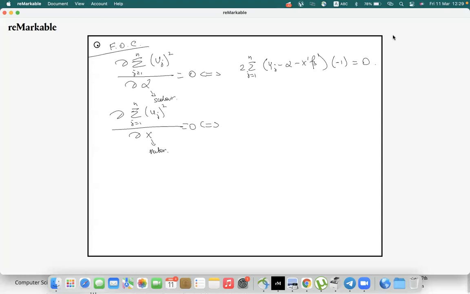What you get is again 2, and the sum over j, yj minus alpha minus x transpose beta, but you get also, oh, I'm very sorry, I made a very silly mistake. It's not x, of course, it's beta, right?